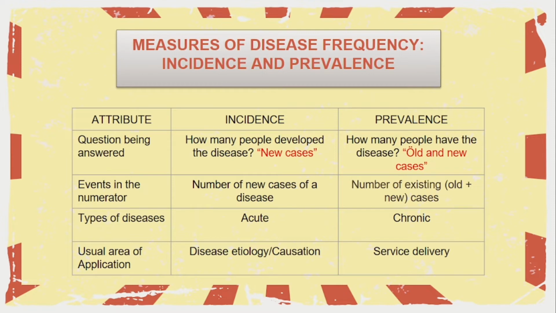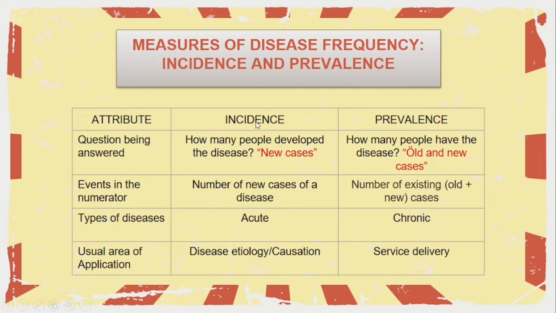Just to give you a quick recap of your measures of disease frequency, incidence, and prevalence, incidence answers the questions how many people develop the disease or yung mga bagong kaso mo, mga insidente, bagong kaso. It will all fall under the incidence. Meanwhile, for your prevalence, how many people have the disease, naming the old and new cases.